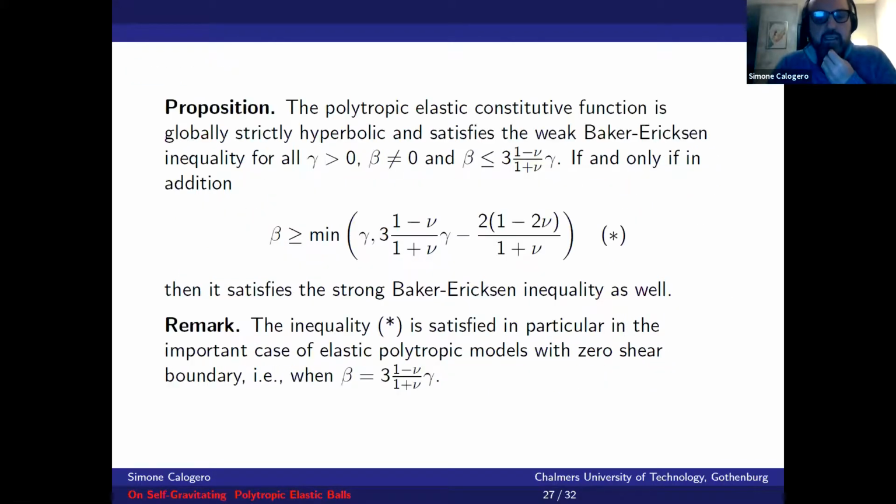Right. So then another interesting, important property to mention is that this equation of state satisfies the Bernstein-Erickson inequality. Okay? It satisfies the weak Bernstein-Erickson inequality for all admissible values of the parameters beta and gamma. And in addition, if and only if beta is bounded below by this quantity on the right hand side, then it also satisfies the strong Bernstein-Erickson inequality.